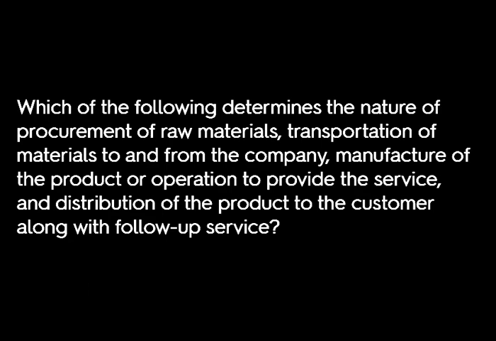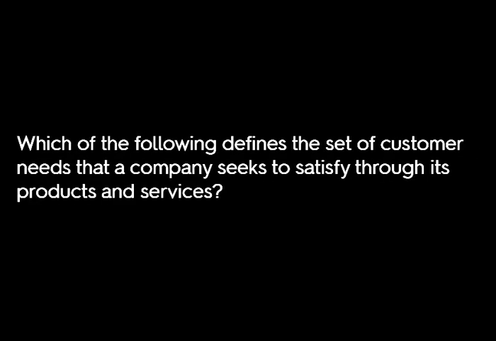Which of the following determines the nature of procurement of raw materials, transportation of materials to and from the company, manufacture of the product or operation to provide the service, and distribution of the product to the customer along with follow-up service? Supply chain strategy. Which of the following defines a set of customer needs that a company seeks to satisfy through its products and services?